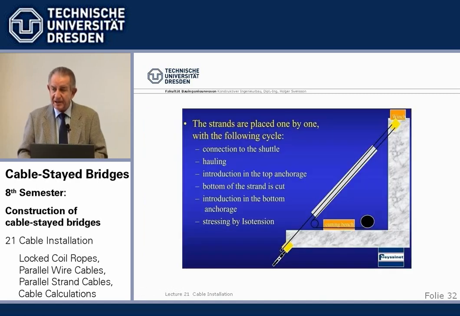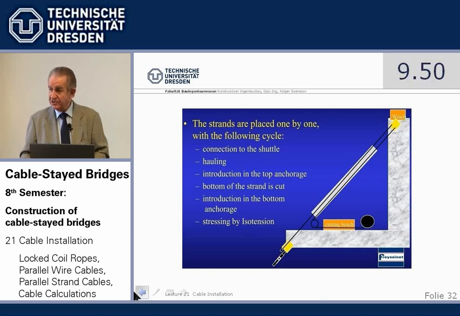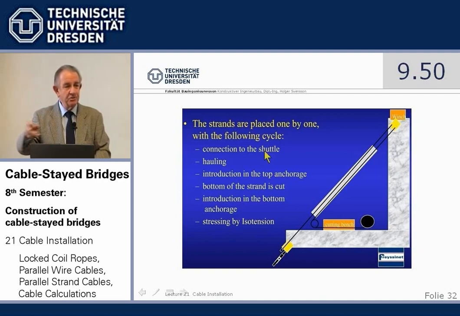Now we then have to install one strand after the other, always in the same cycle. I just line it out and then show you the pictures. We have an instrument here called the shuttle. Now you are probably all aware of a shuttle bus, for example, which runs permanently between two end locations, and this shuttle runs always up from the bottom to the top and back.